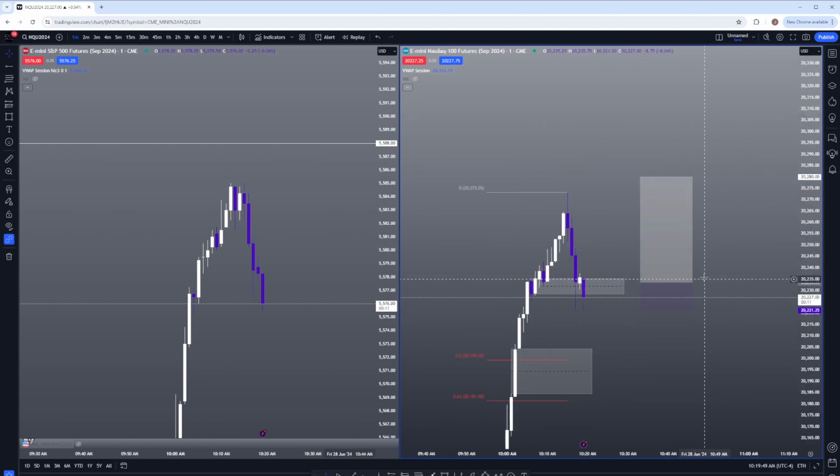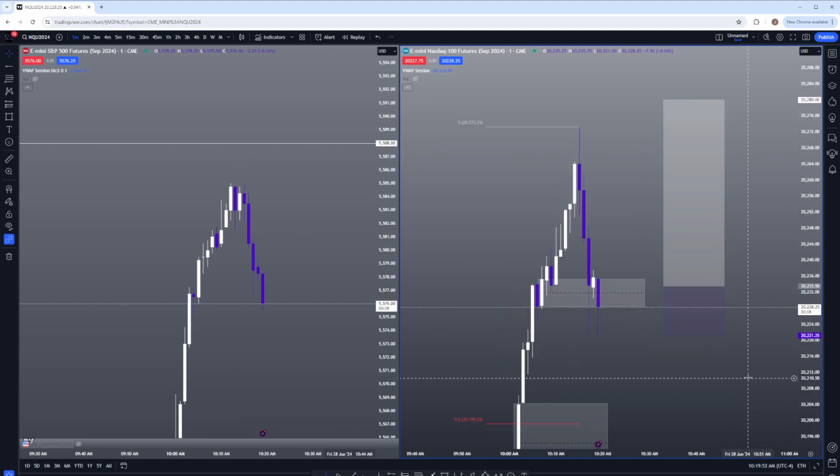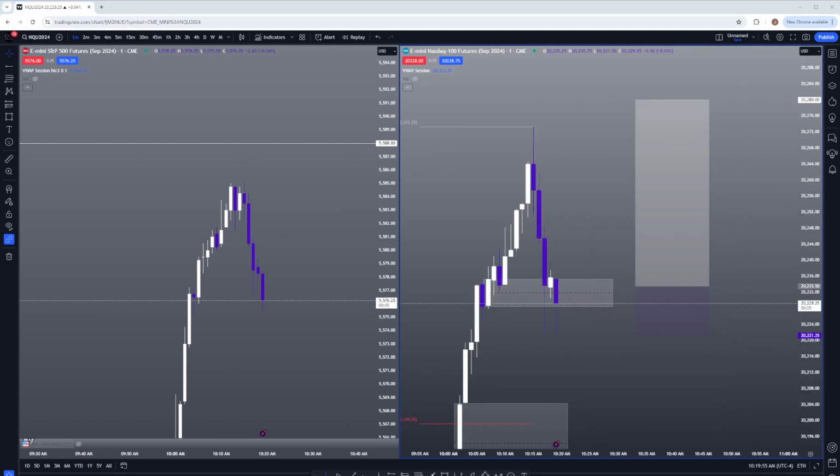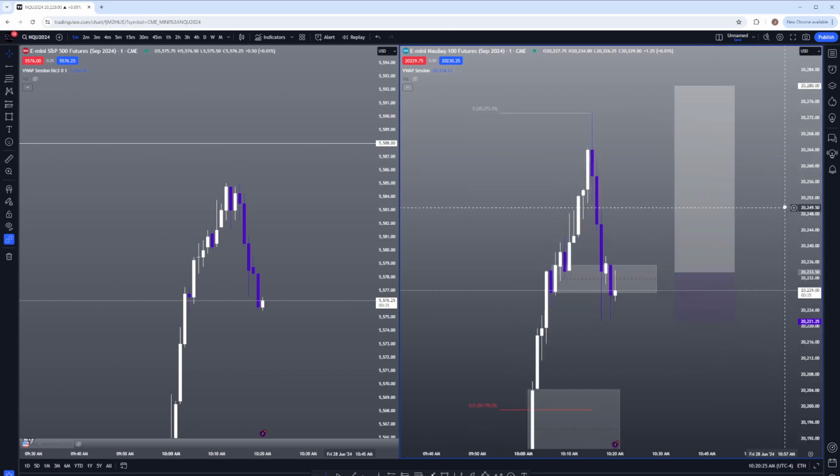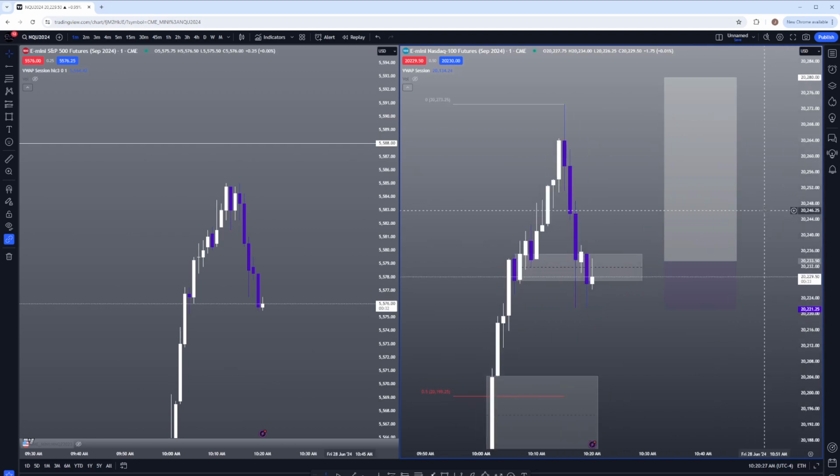We still have a lot of reward up until all-time high, so I'm not too worried. Just waiting. I'll be patient for this one.